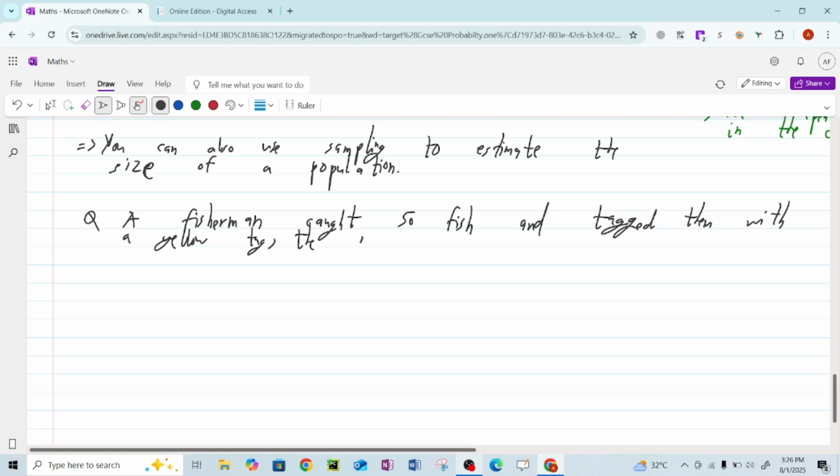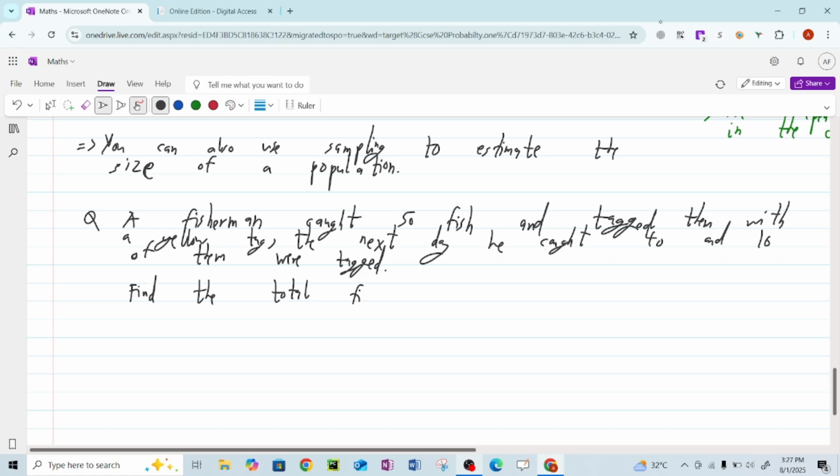The next day he caught 40 and 10 of them were tagged. Now the question is to find the total fish in the lake.